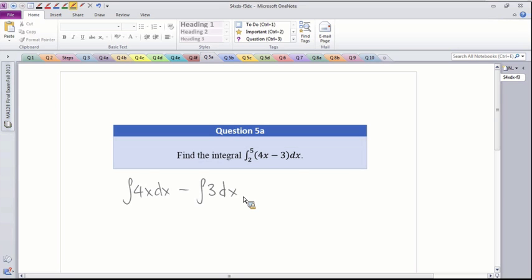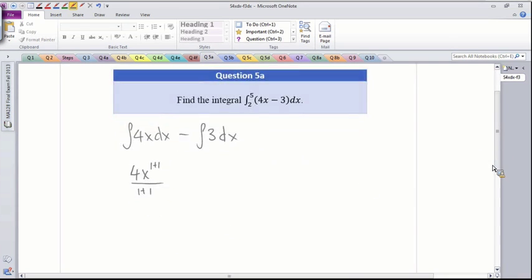We do each one separately, and we'll have to use the power rule for antiderivatives to do that. For the integral of 4x, we add 1 to the exponent and divide by that number, which simplifies to 4x squared over 2.